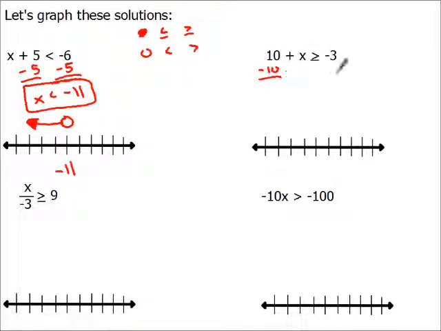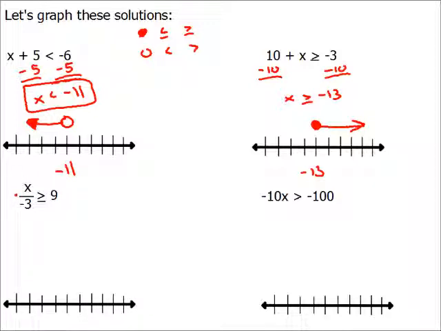Alright, over here you're going to subtract 10. So I'm going to be left with x is greater than or equal to negative 13. So I'll put my negative 13 here. Since I have a greater than or equal to symbol, I'm going to have a closed dot. Now I want all numbers that are bigger than or equal to negative 13, and those are going to be everything to the right.